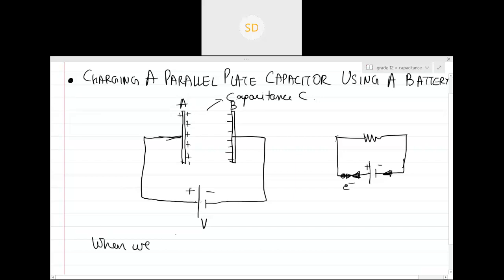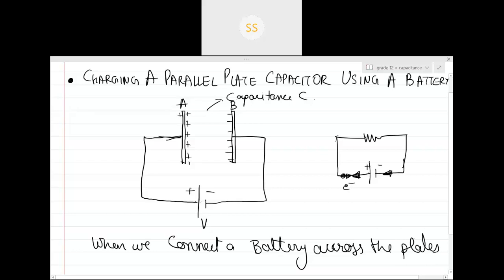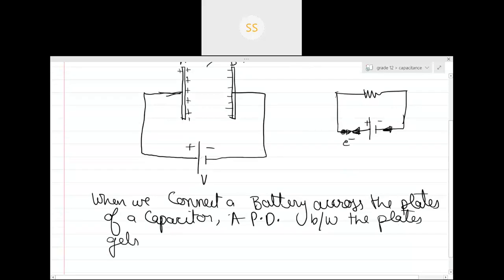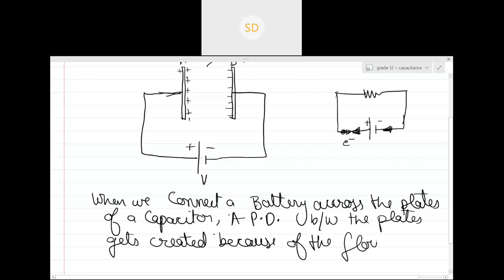When we connect a battery across the plates of a capacitor, a potential difference between the plates is created because of the flow of electrons across the circuit.